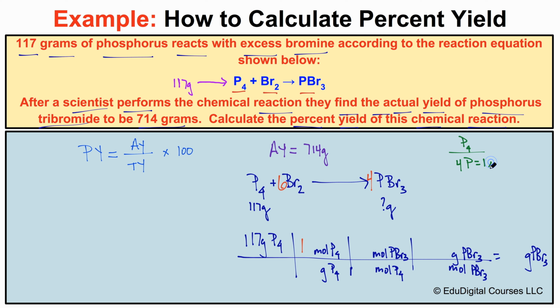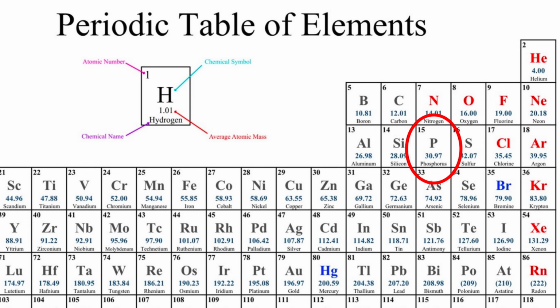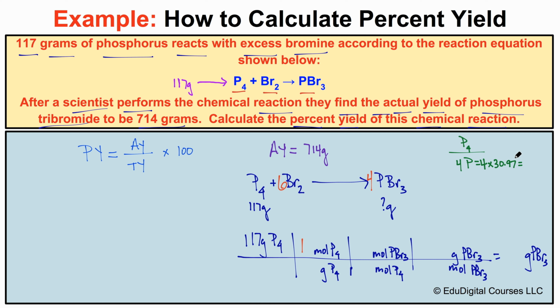One phosphorus atom has a molar mass of 30.97. So when we take 4 times 30.97, we're going to end up with 123.88 grams per mole.